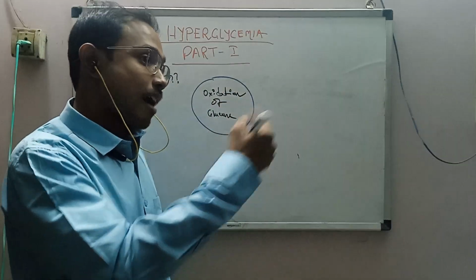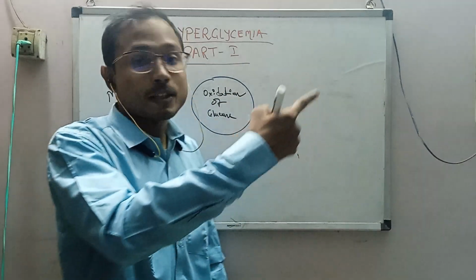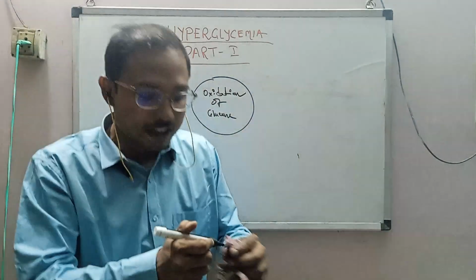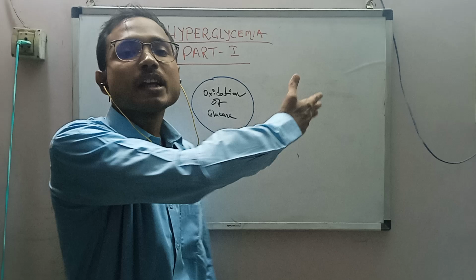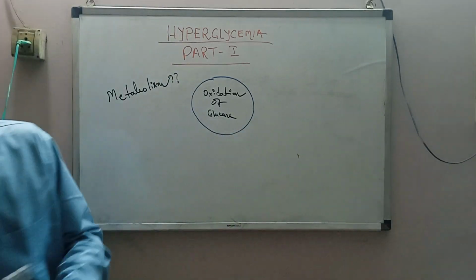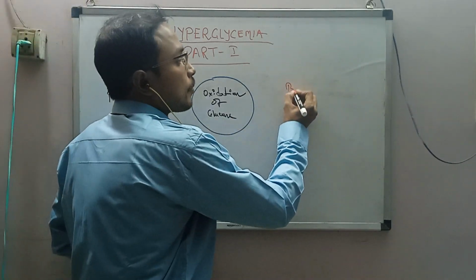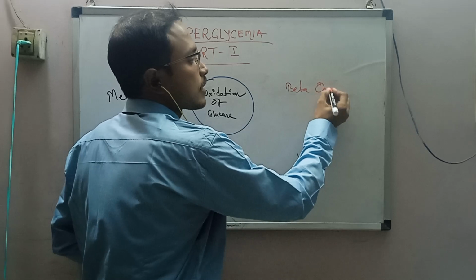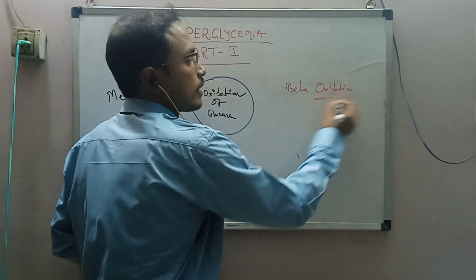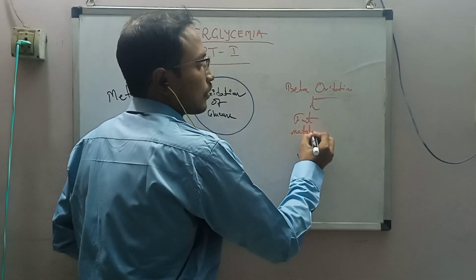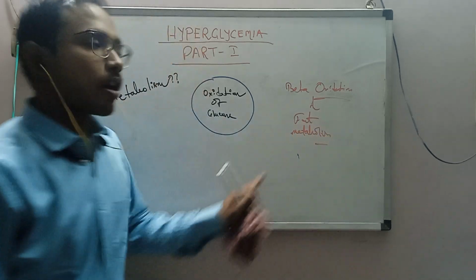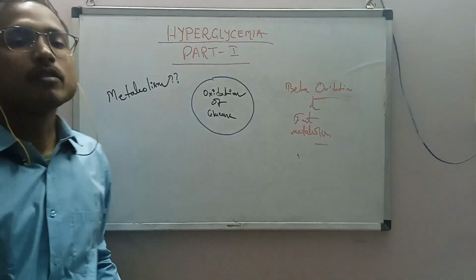But are there other substances that take part in metabolism? Yes, obviously. We will deal with that later as beta oxidation. What is that? It is fat metabolism, and it also occurs in the cellular machinery.